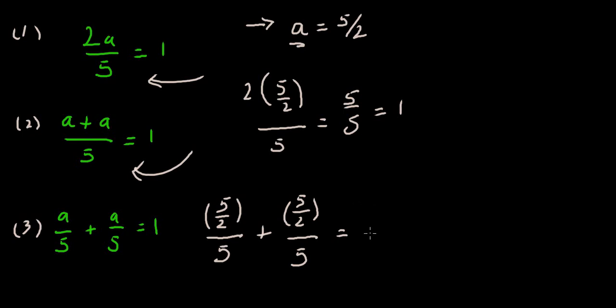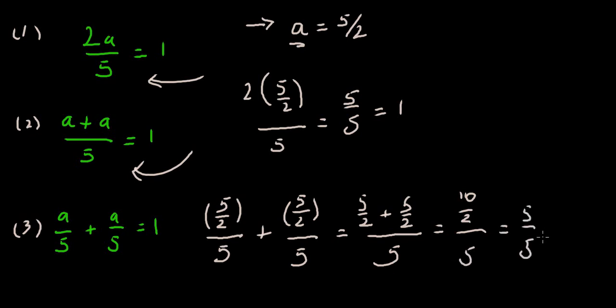So again what we have is 5 over 2 plus 5 over 2. Now we know that 5 over 2 plus 5 over 2 is 10 over 2, and so that will be divided by 5, and so again we have 5 over 5 equals 1. And so all of these equations are said to be equivalent equations.